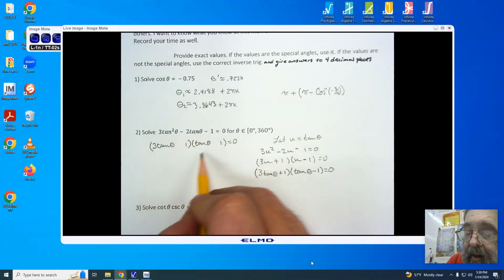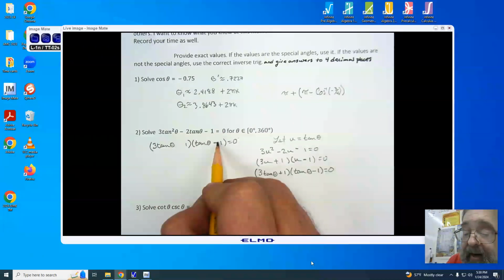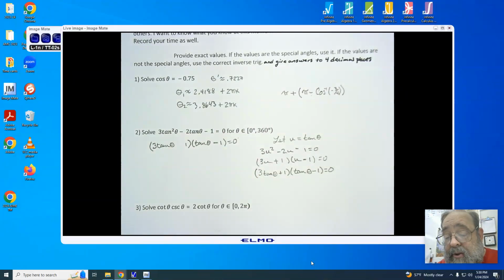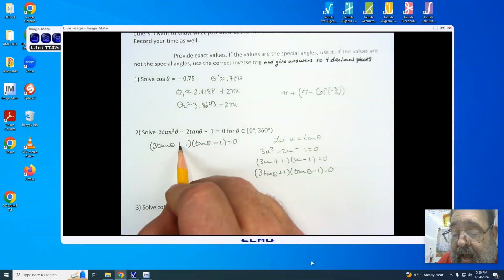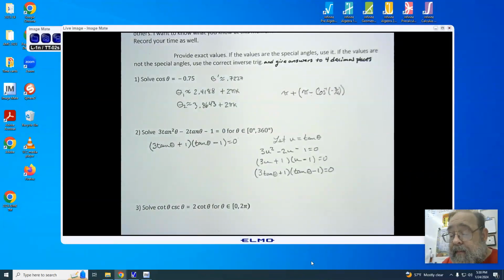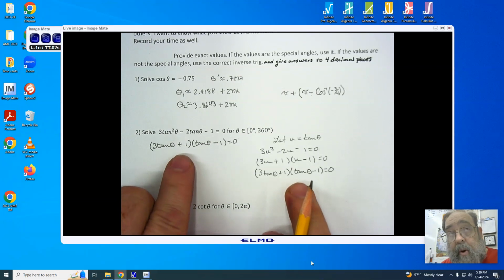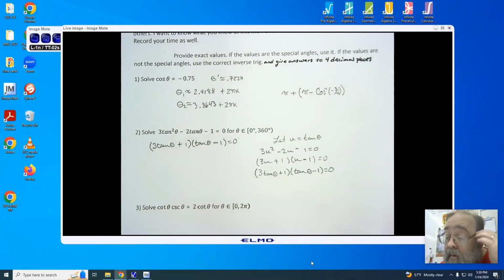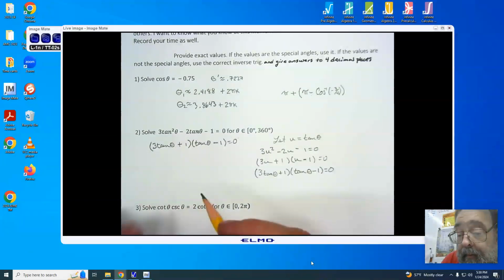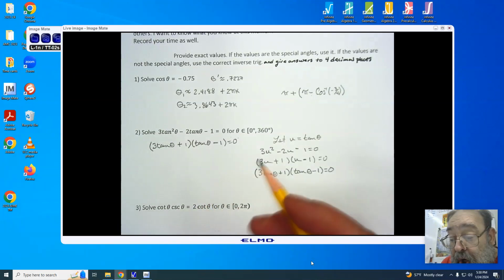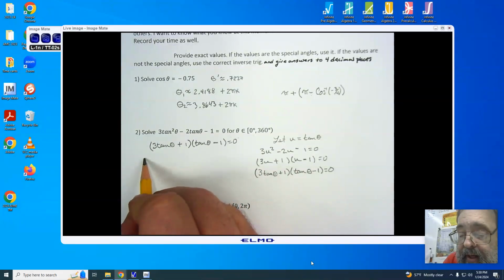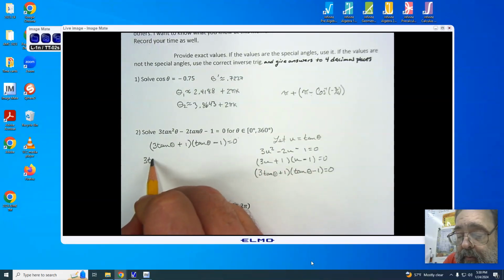And the same concept applies. I need to have a negative 1 multiplied by the 3 tangent of theta so that I have a negative 3 tangent of theta and add a single tangent of theta. Notice at this point both are now congruent or equal. They match, and I'm now going to set each piece equal to 0.